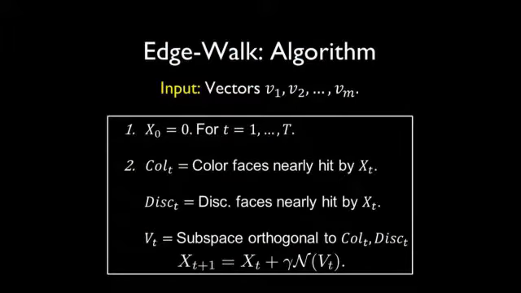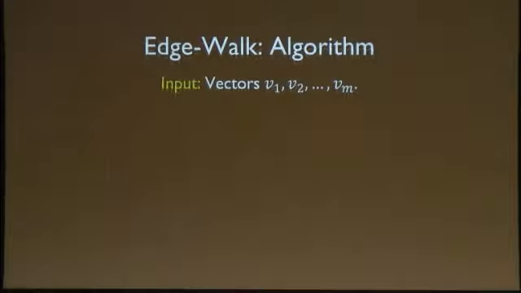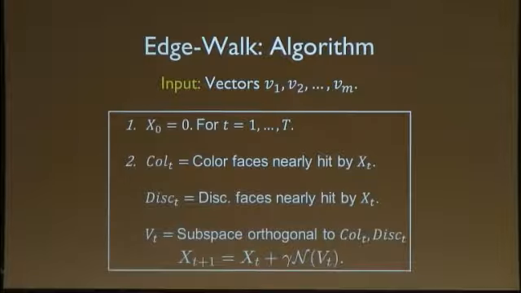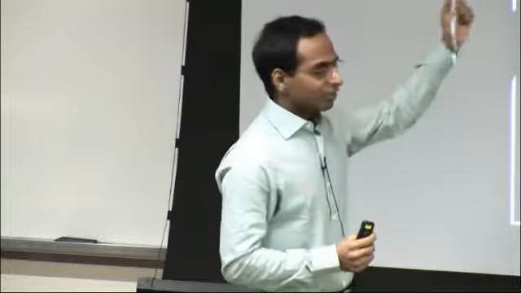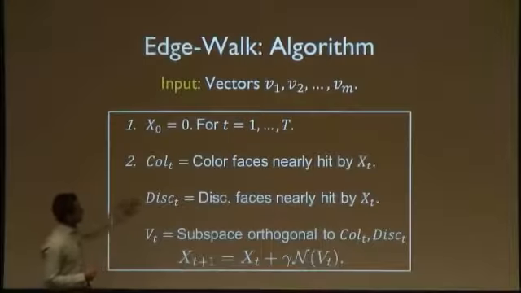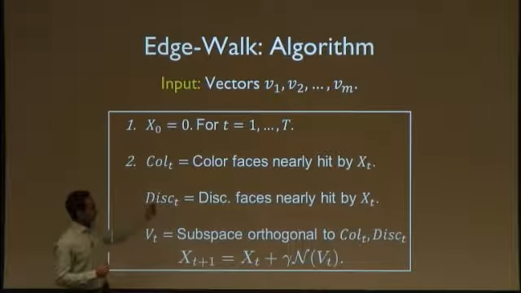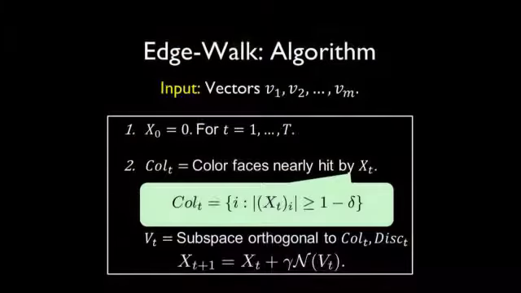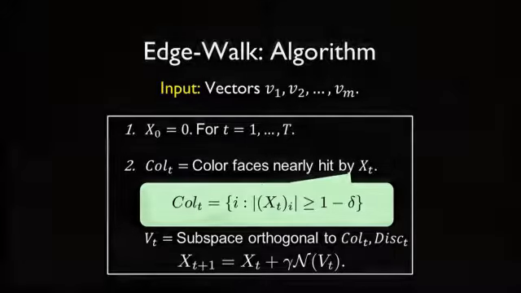The algorithm gets as input some vectors, which you should think of as the indicator vectors of your set system. It runs for a certain number of steps, which depends on the step size gamma, but let's not worry about the parameterization too much. You start from the origin, and at the tth step, let color t denote the set of all color constraints or color faces that are nearly hit. This is the set of all coordinates i such that the absolute value of the ith coordinate is very close to 1.